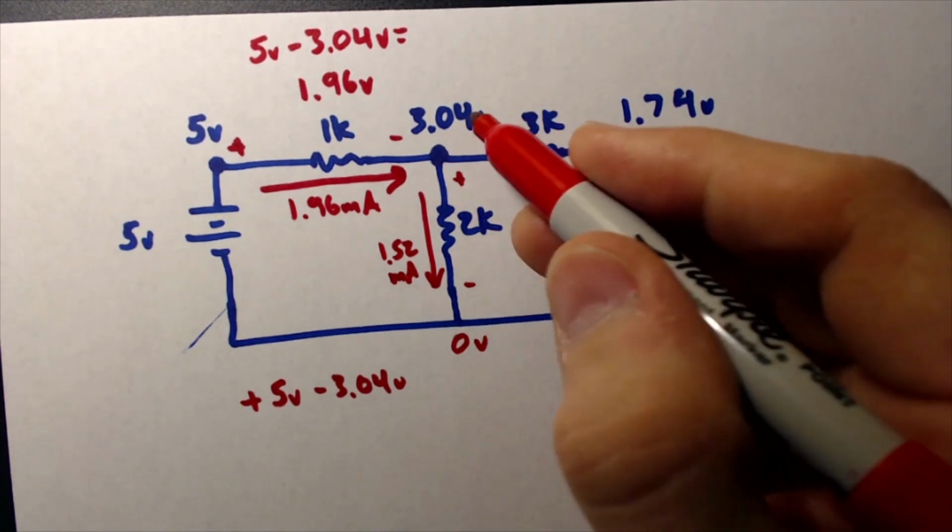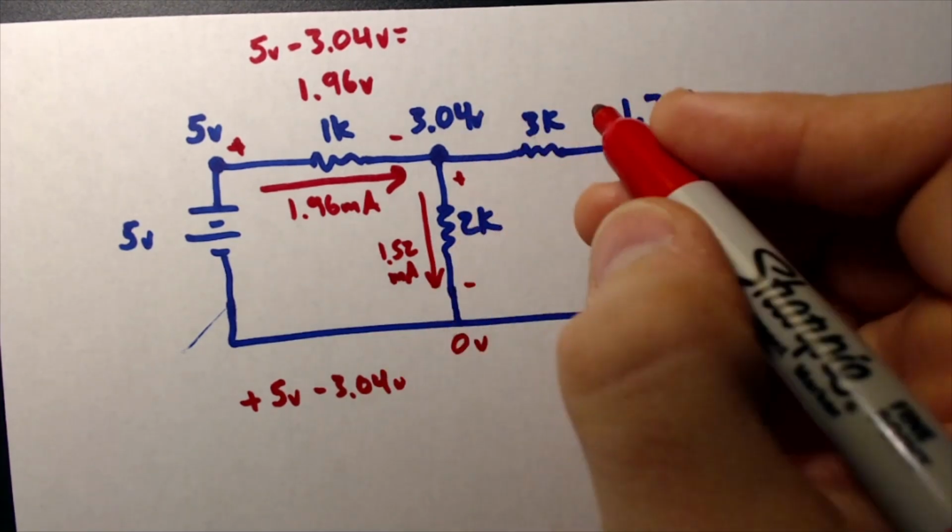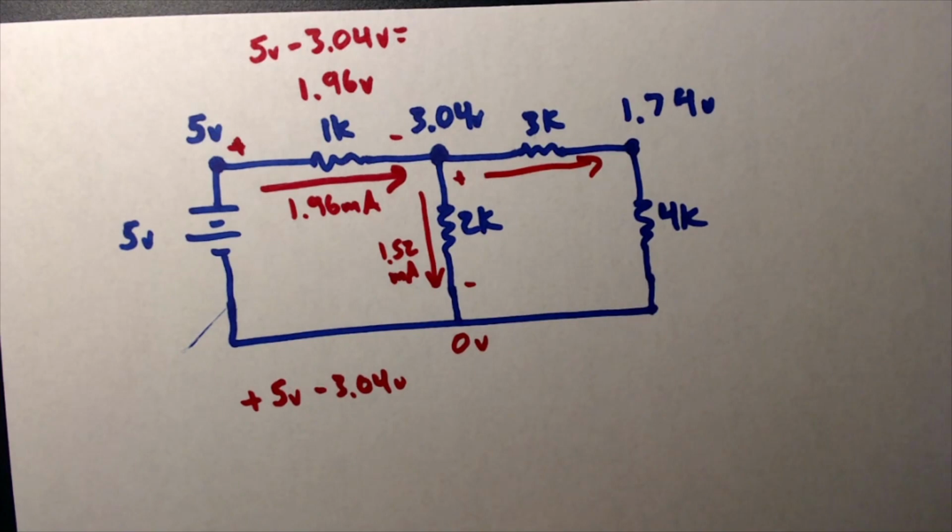Well, 3.04 volts here, 1.74 volts over there. Goes from higher to lower, so we know the current must be going in that direction.